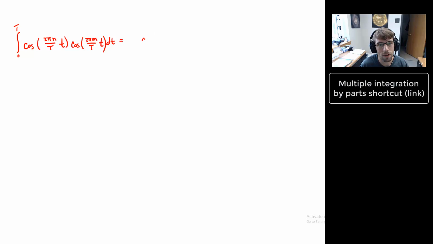What we have here is the first term, cosine 2 pi n t over T, times the integral of the second. That will give me a sine of 2 pi m t over T, evaluated from 0 to T, and we have that T over 2 pi m.